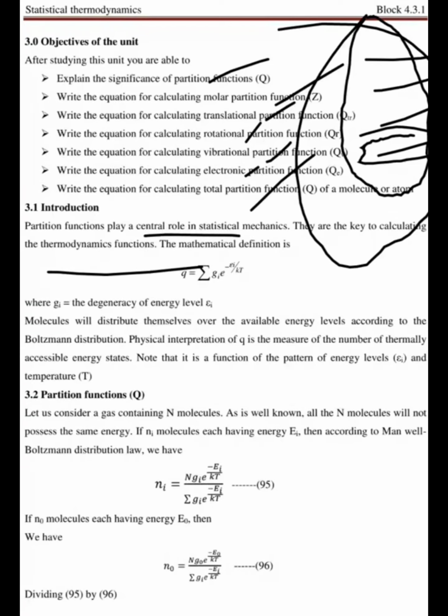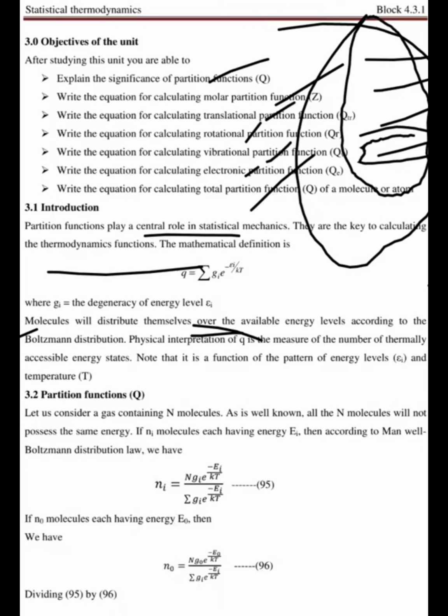Molecules will distribute themselves over the available energy levels according to the Boltzmann distribution law. And this is about the partition function.